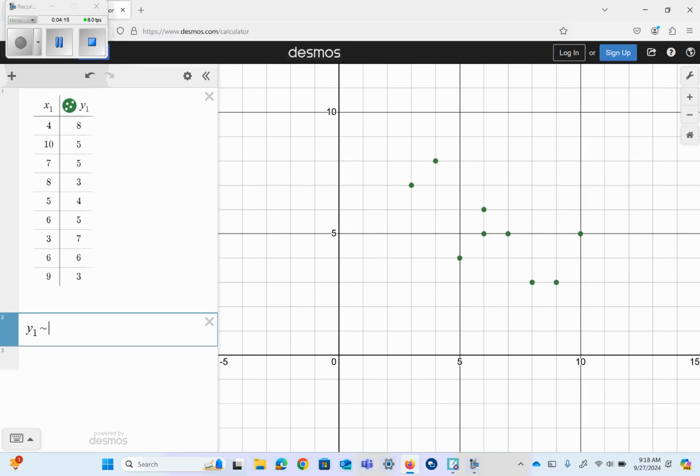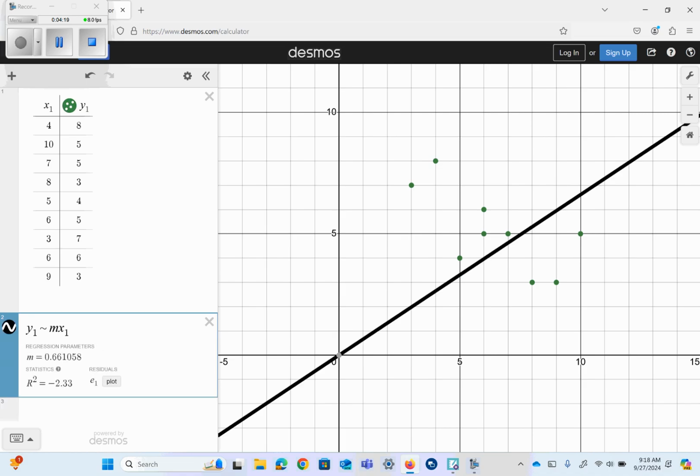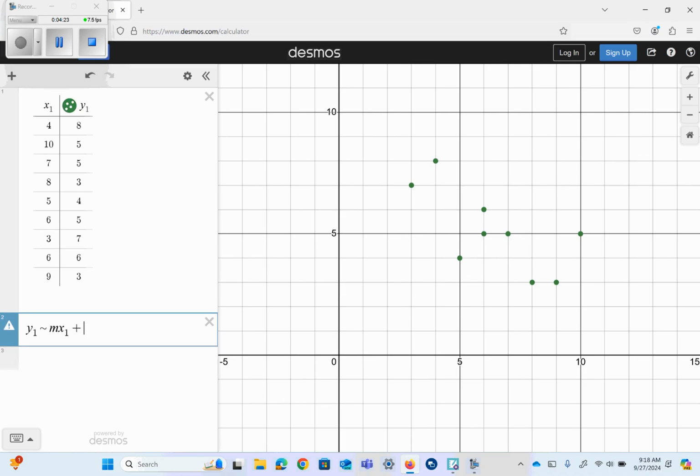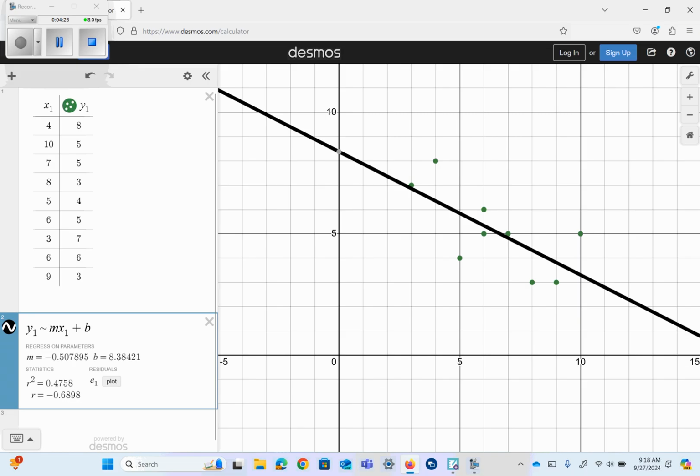We're going to use our tilde because that's telling Desmos to make an equation, y1 tilde mx1 plus b. All right, so we have an R value of negative 0.69. So this is a moderate, I guess, negative correlation. So pretty straightforward, I think, perhaps.